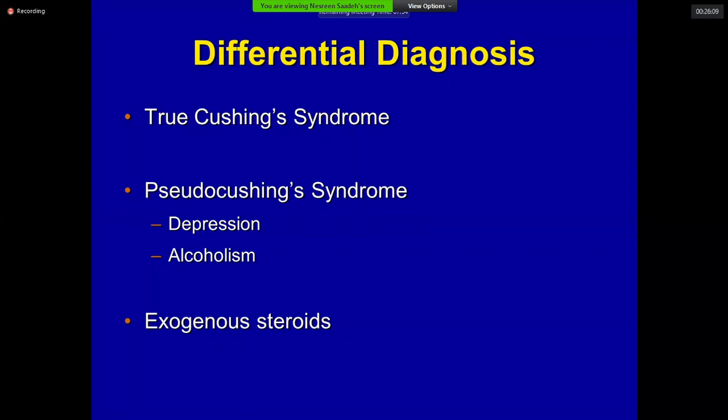Also, we should remember, as always, the factitious causes or iatrogenic when people are being medicated by steroids. We should always look for that reason before we start testing for Cushing, because this exogenous steroid use may give the features of Cushing as somebody with a tumor, the same manifestations.